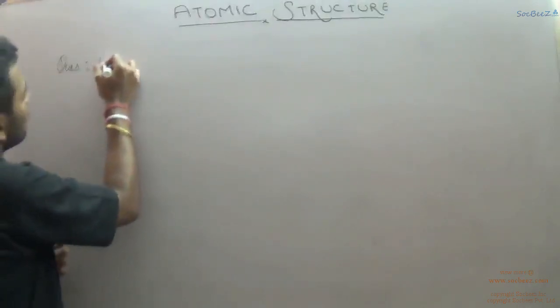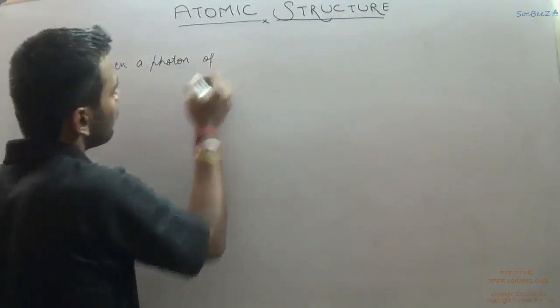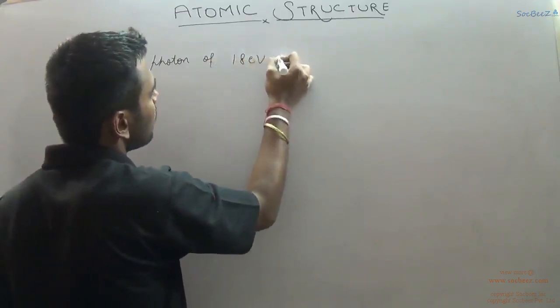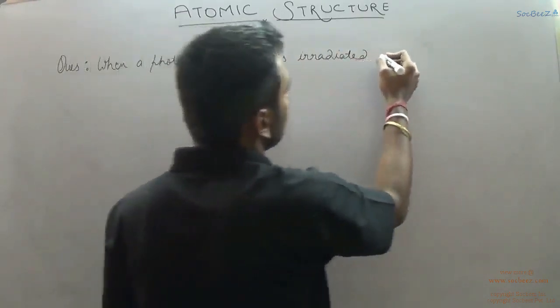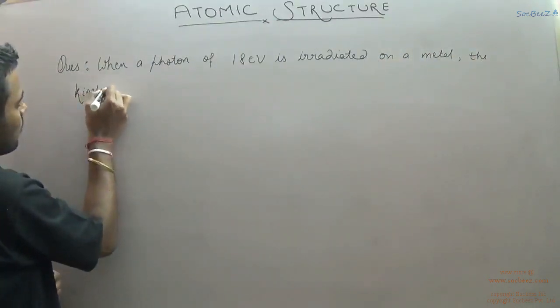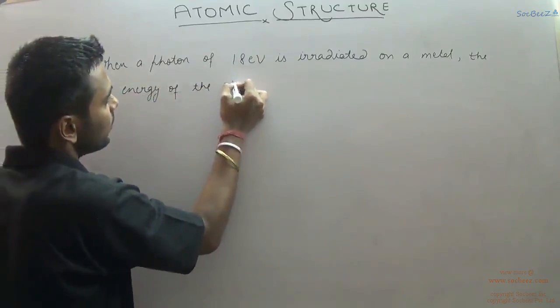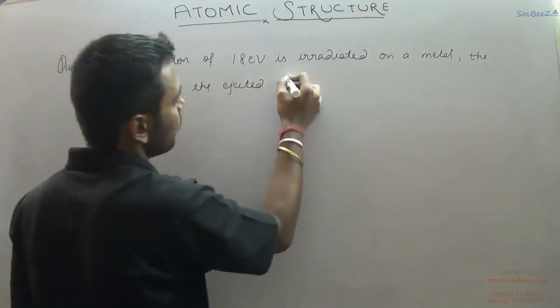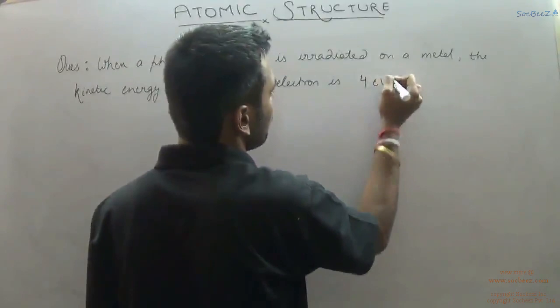Suppose a question is given which says: when a photon of 18 electron volt is irradiated on a metal, the kinetic energy of the ejected electron is 4 electron volt.